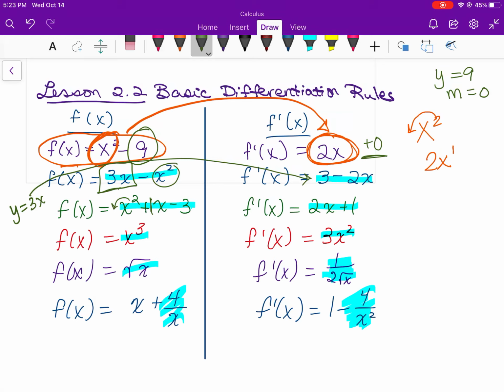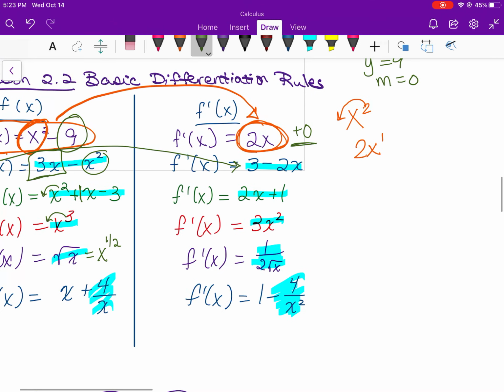This is 1x. The slope of the line of 1x is just 1. And if this were y equals negative 3, the slope would be 0. And this one was pretty straightforward. Brought down the 3, and then you have x squared. This one stumped them for a bit, so you have to rewrite it this way.